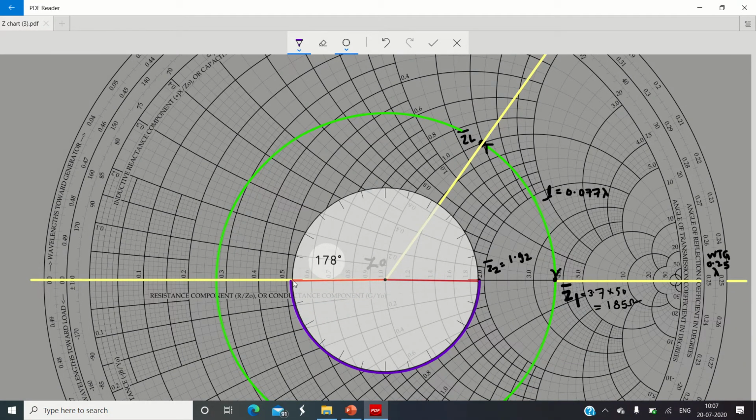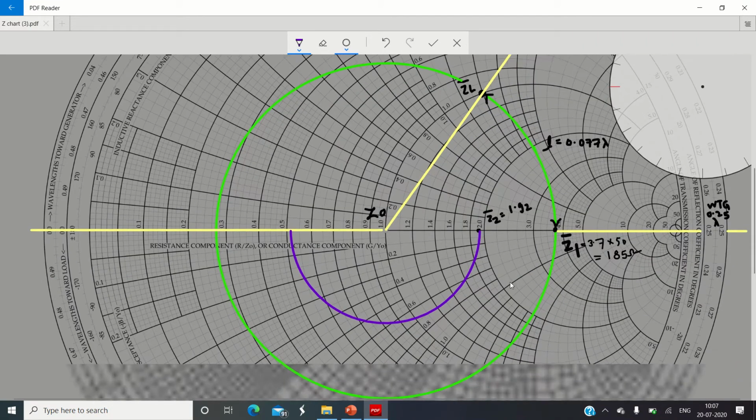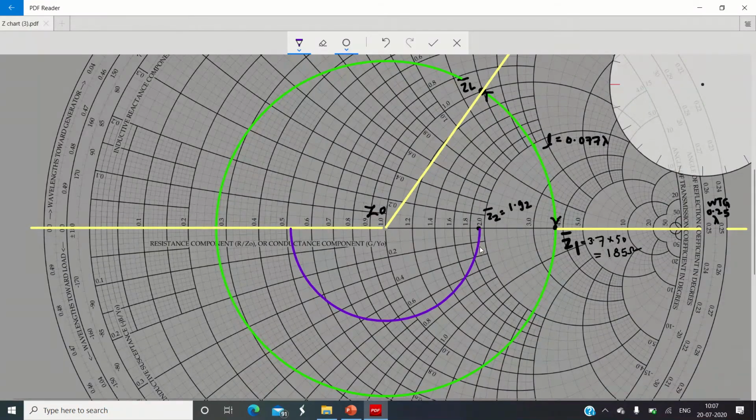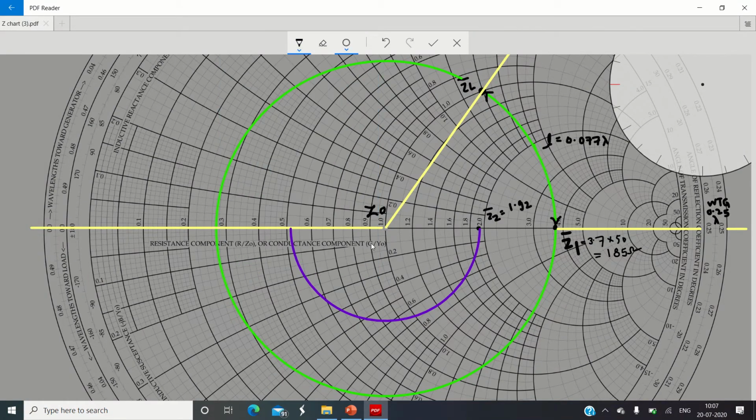This represents a quarter wave transformer. Then you remove your compass. What we have done is inserted a lambda by 4 transmission line. The length of the transmission line, shown with this semicircle, represents a lambda by 4 transmission line. Here I will denote that length of the transmission line.